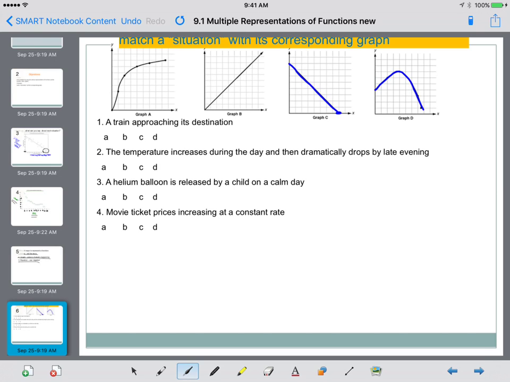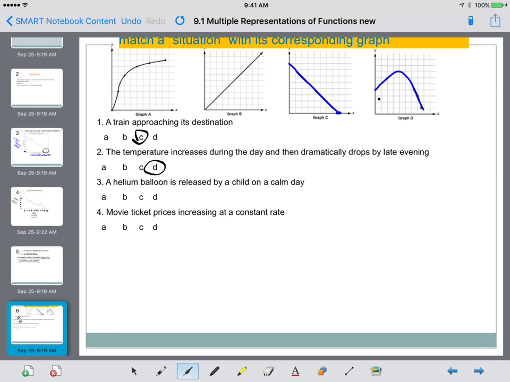Something that's stopping at a constant speed, approaching its destination, I'd go with graph C. The temperature increases during the day, then dramatically drops by late evening. Well, we're looking for a graph that's going to increase and then drop dramatically. I'd go with graph D.